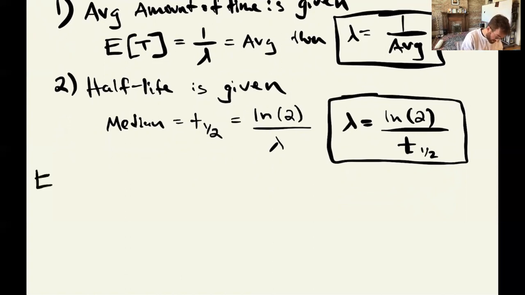So here's an example, and this is actually based on real data. There was a report in April 2020 where some scientists basically measured the half-life of an individual coronavirus, which again is a tiny molecule. It's not really a molecule.